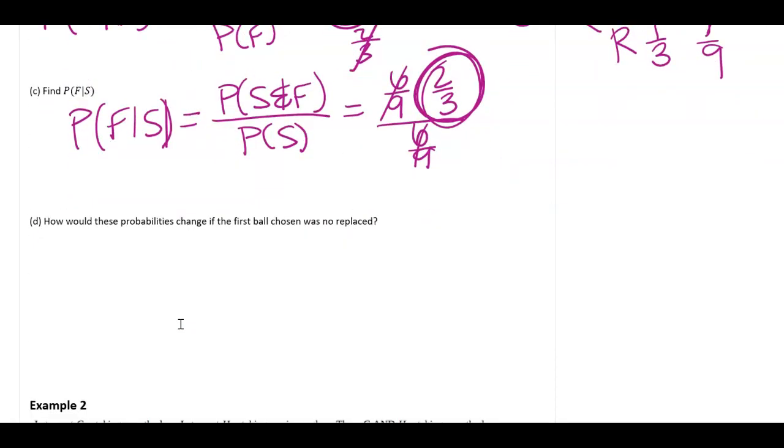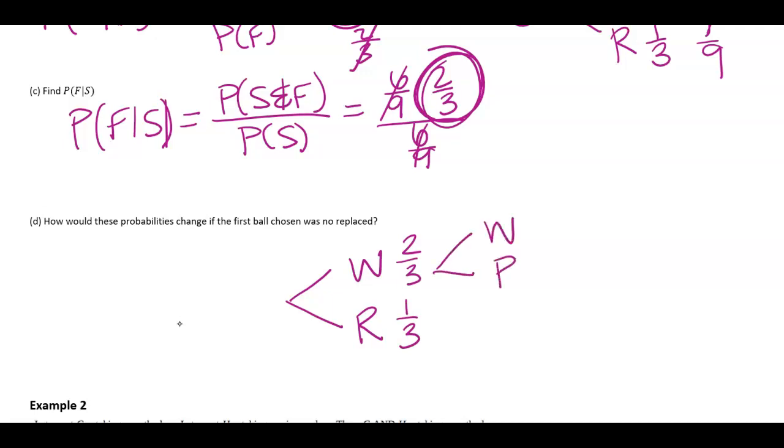Now, how would these probabilities change if the first ball was chosen with no replacement? Well, now our second probabilities would change.